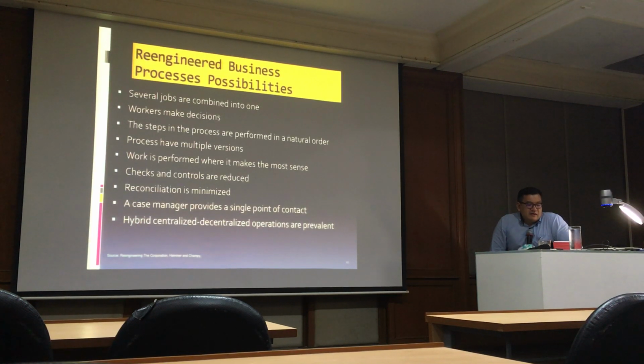The steps are not as straightforward, from A to B to C, but are performed in a natural order. And you might have multiple versions. For re-engineering, you might think, this is a difficult version, this is a medium version, this is an easy version, so you can divide the versions and let the team do them.